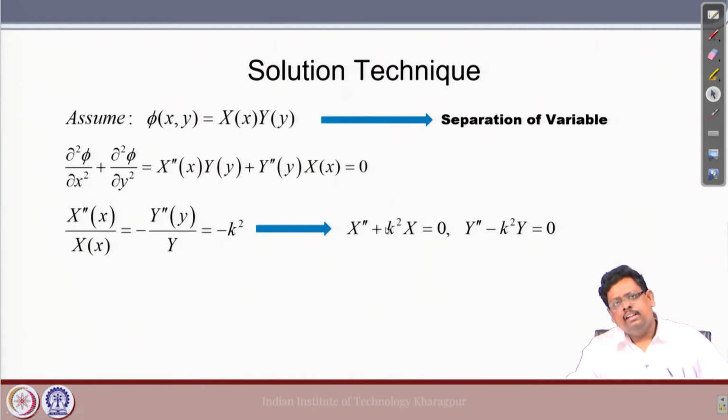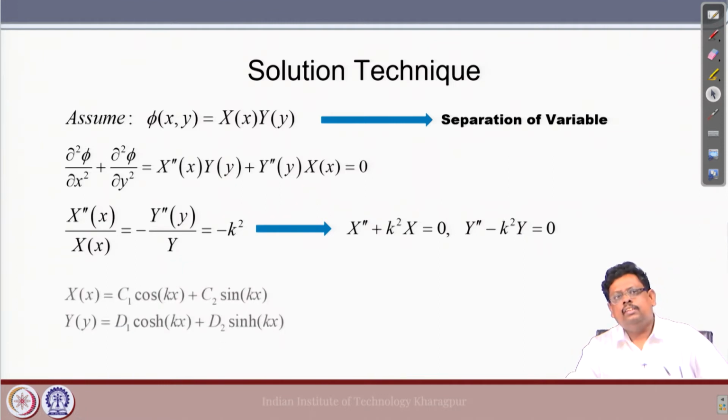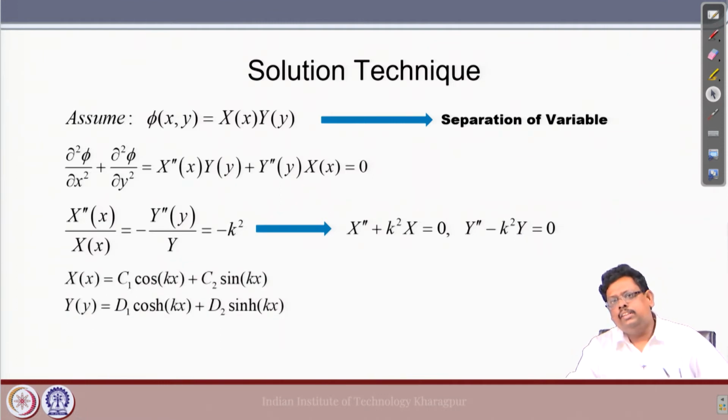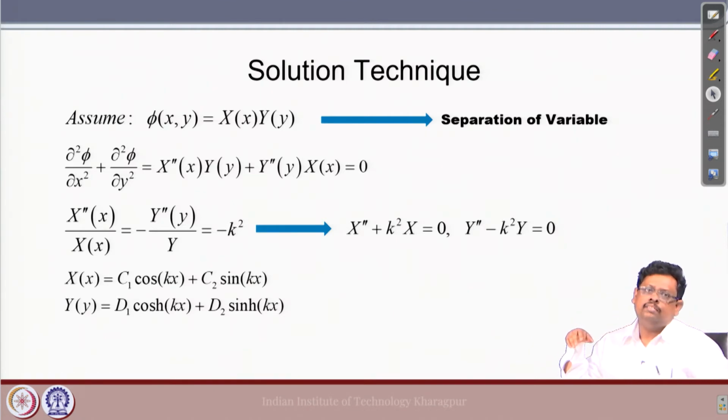Now, it is very well known that the solution for this problem is harmonic and hyperbolic, right. So, I can write the solution for X as C1 cos kx plus C2 sin kx, and in the direction of y as D1 cosh ky plus D2 sinh ky.